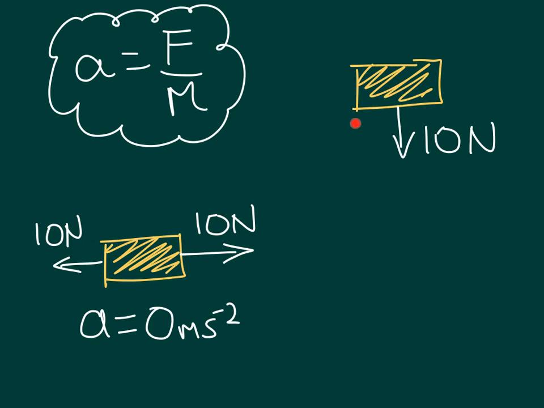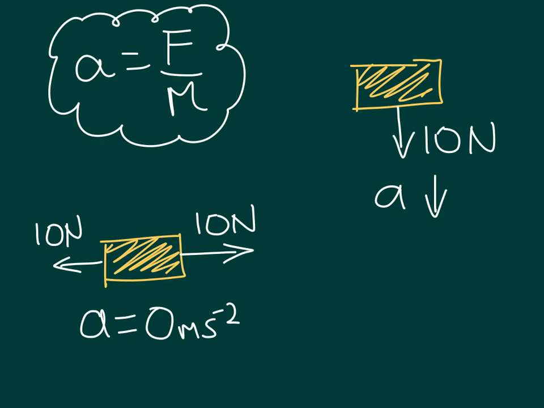However, in this case, we can see that there's 10 newtons acting down, and that's the only force, so therefore the forces are unbalanced. There is a net force acting on it, so that object there is going to accelerate, and in fact it's going to accelerate down, because that's the direction of the net force.